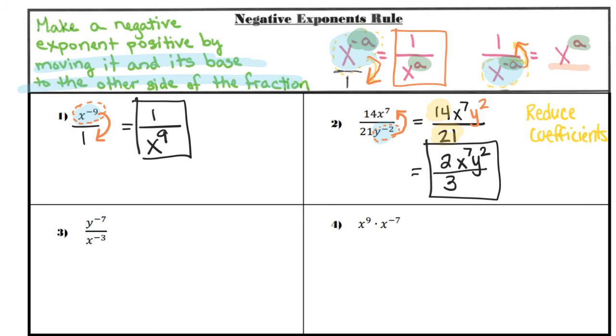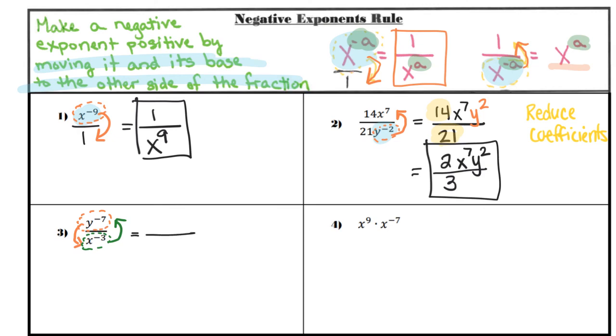So what is going on in example 3? Notice there is not just one negative exponent that will need to be moved, but there is a second part with a negative exponent that will need to be moved. So I'm actually going to be making two moves.